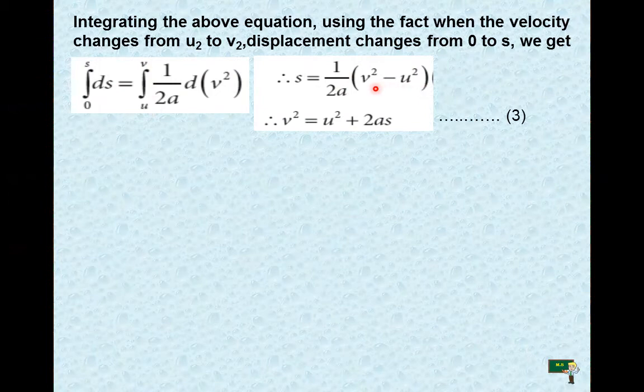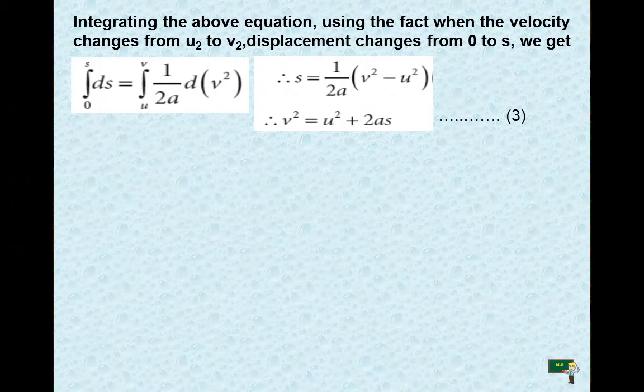Keeping v square on one side and taking 2as and u square to the other, we have v square is equal to u square plus 2as.